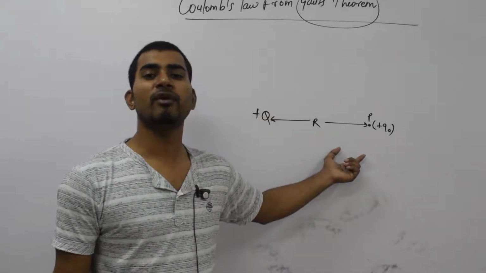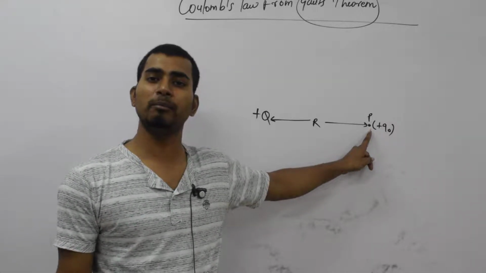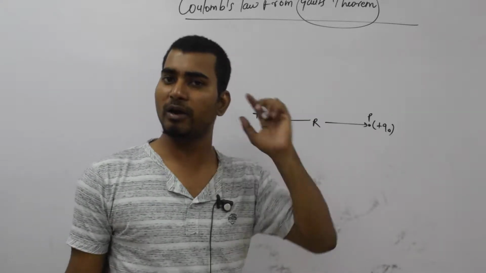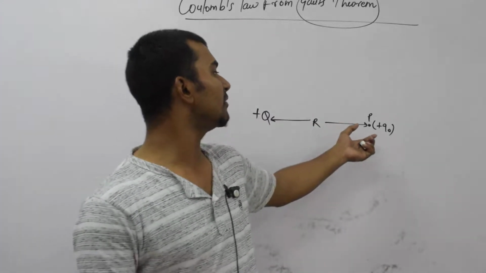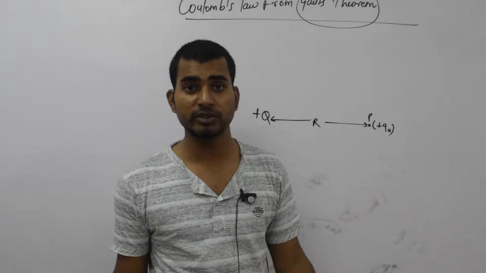Now I have to find the electric field intensity at point P due to this source charge. For calculating the force, I will calculate the electric field intensity and then multiply it with the amount of the charge, and then we can get the value of the force.